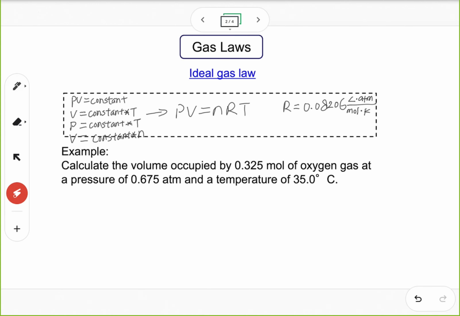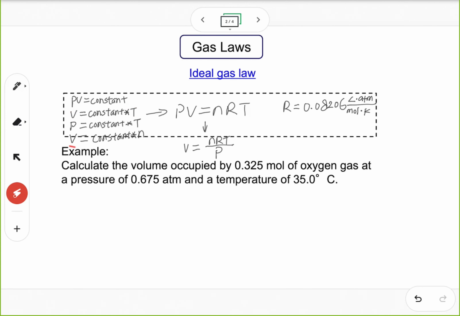How about Charles's law? V equals a constant times T. If you reorganize this equation a little bit, V equals nRT divided by P. If you keep the pressure constant, N constant, R constant already, so these 3 items are constant, that tells you V equals a constant times T. That's exactly what Charles's law says.